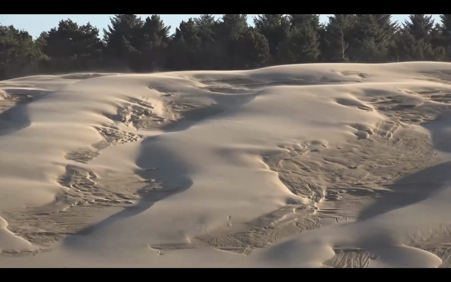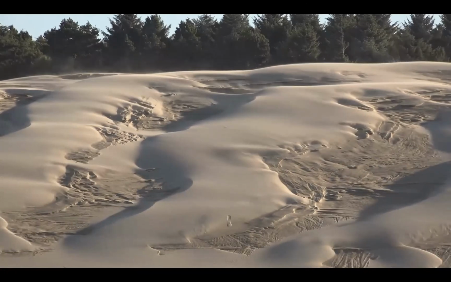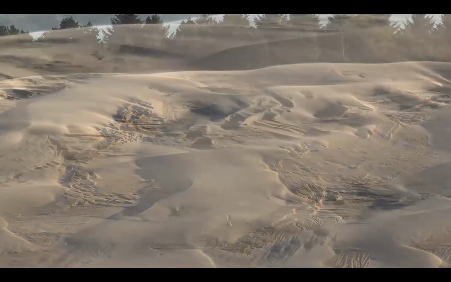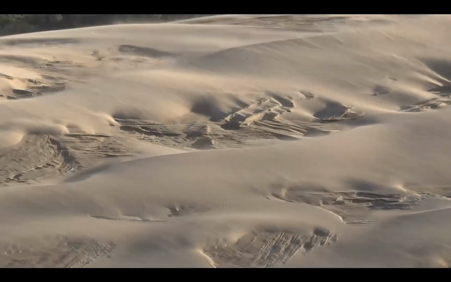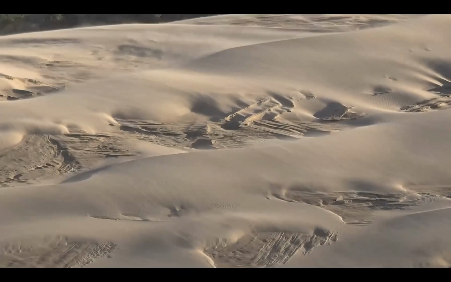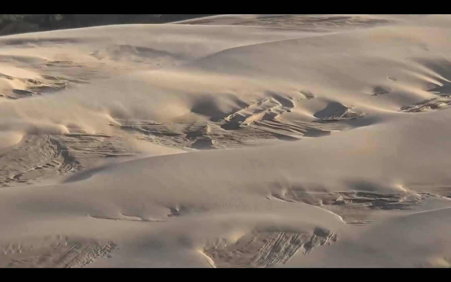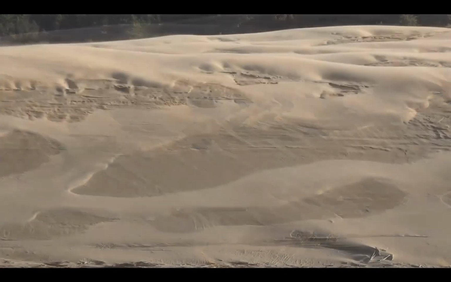So this is actually 40 miles of dunescape in Oregon. Some of these dunes are as high as 500 feet tall. And this is actually the largest expanse of coastal sand dunes in North America. Now, these sand dunes are dynamic habitats, and that means that they are constantly changing.